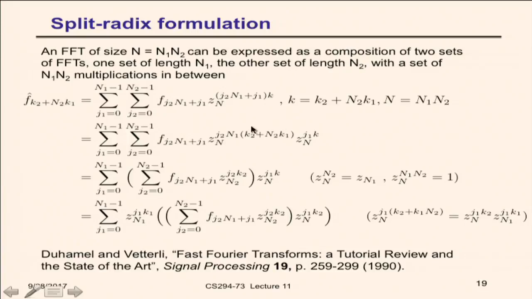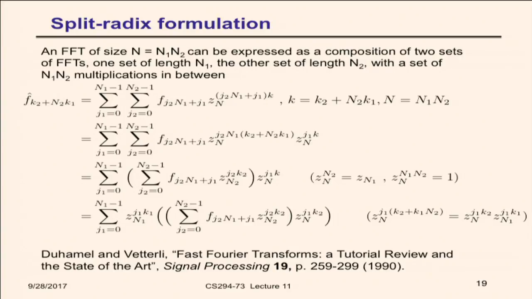And the important thing here is to look at this exponential. You can break out Zn to the J2 n1 times k. The important thing is that Zn, the nth root of unity, raised to the n1 power, since n1 times n2 is equal to n, is the n2 root of unity.